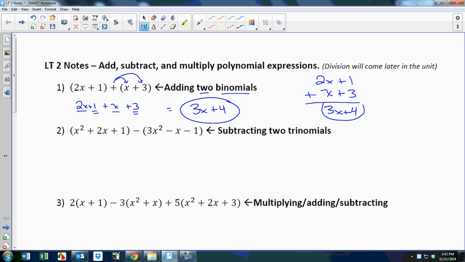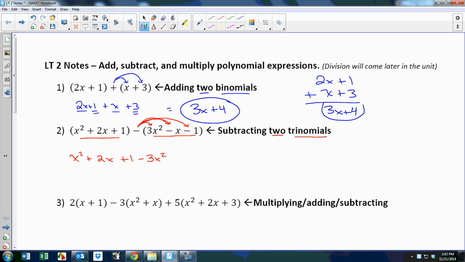With subtraction, again, you can do the same thing. You can subtract them individually, or you can stack them up and subtract them, but you're subtracting two trinomials. Three things, those are trinomials. All right, with subtraction, my personal preference is to distribute the subtraction sign and combine like terms. So x squared plus 2x plus 1 is going to be subtracted by 3x squared, so subtract 3x squared.